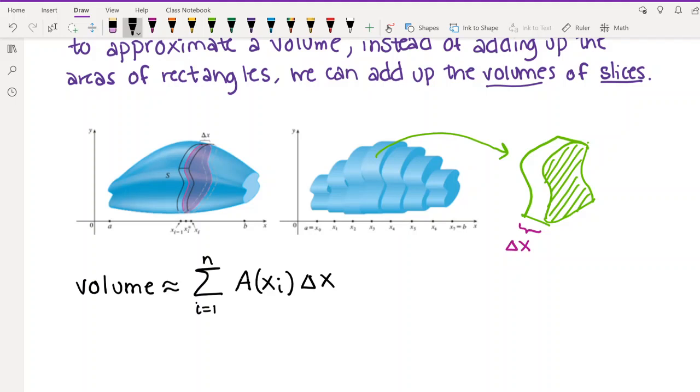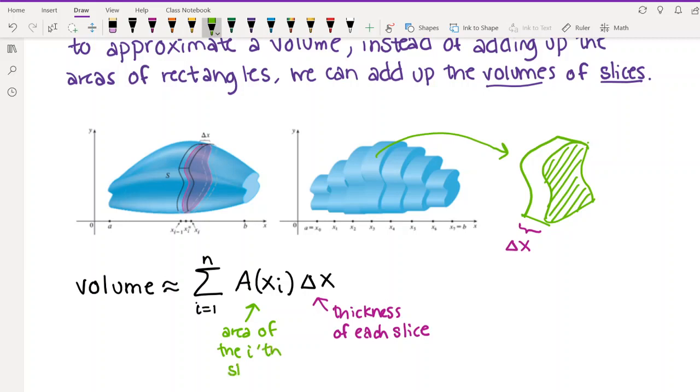And again, what does this represent? Well, the delta x represents the thickness of each slice. And then the A of xi represents the area of the ith slice.